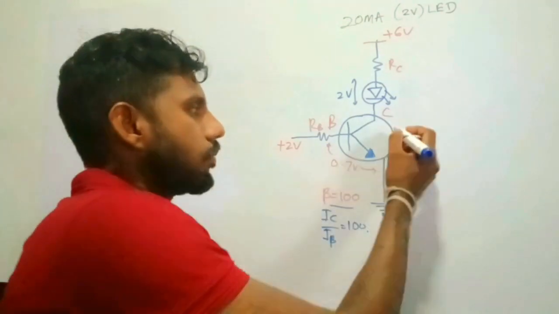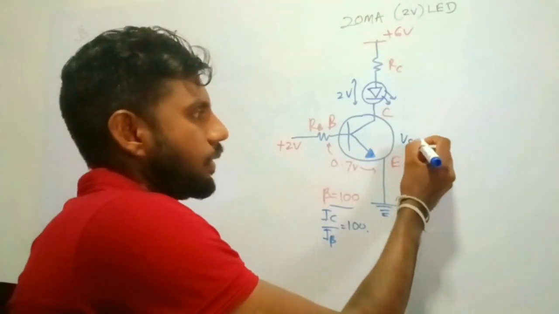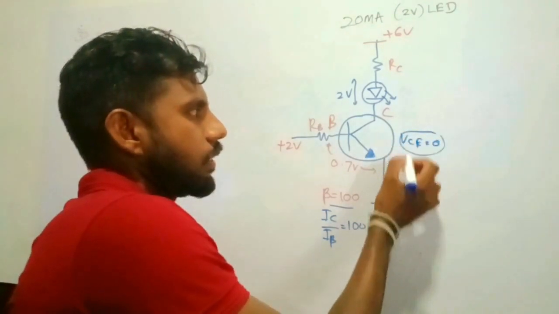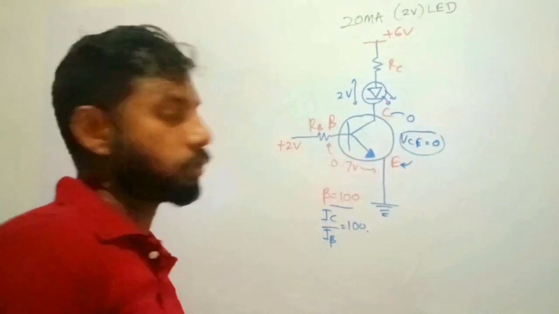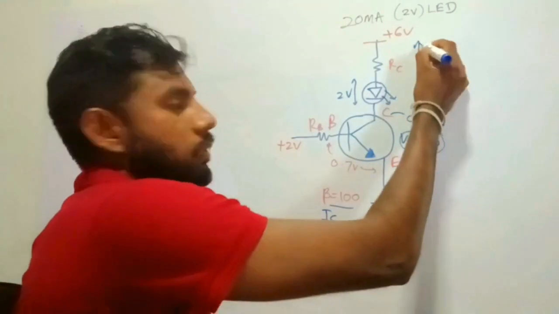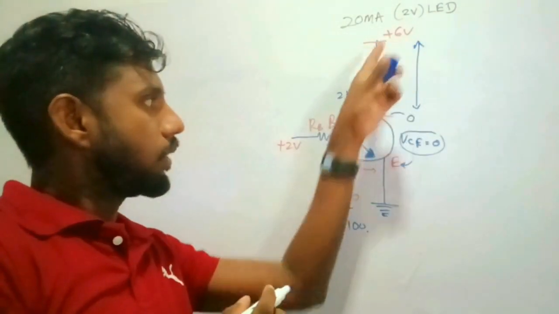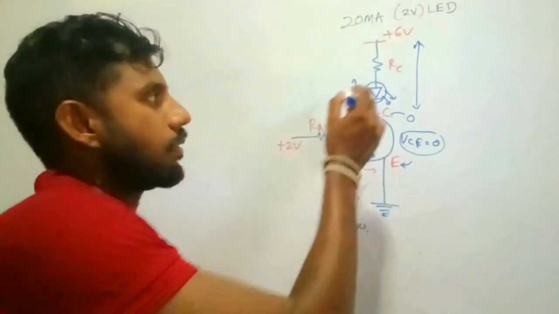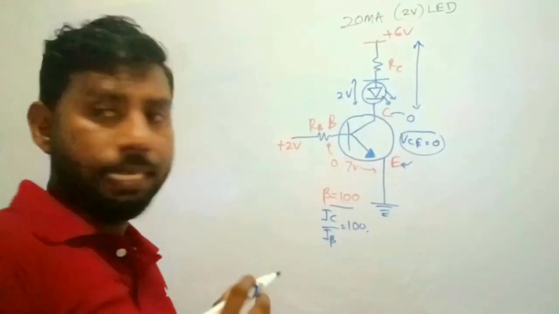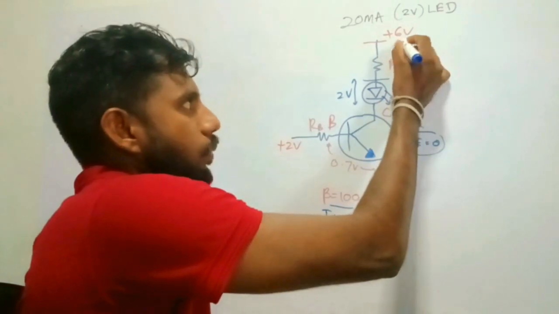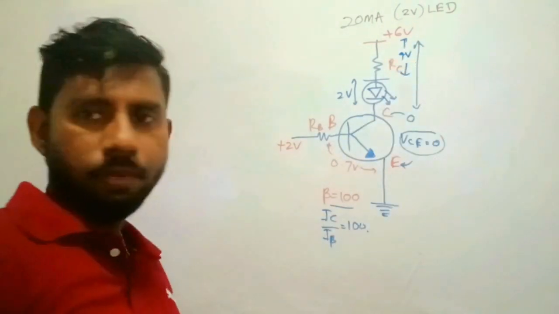Saturated means the VCE value has to be 0. So if the potential here is 0, then C also has to become 0. Then the potential difference from this 6 volt to point C is 6, and this LED is taking 2 volts. So the remaining 4 volt will be across this RC resistor.